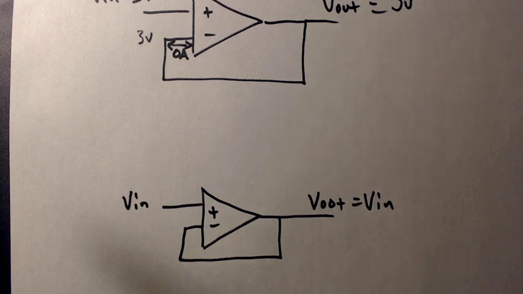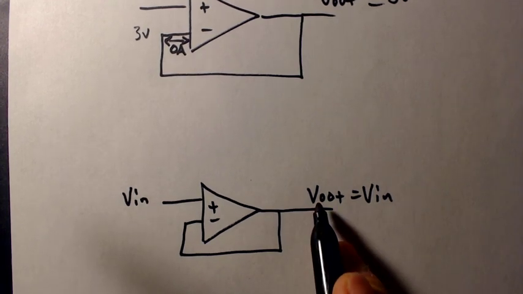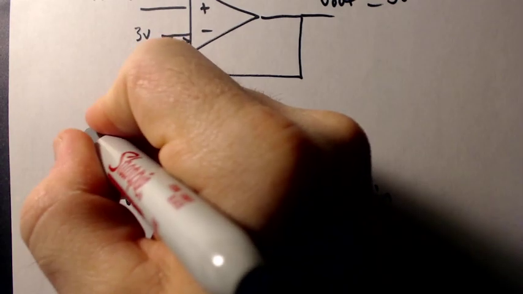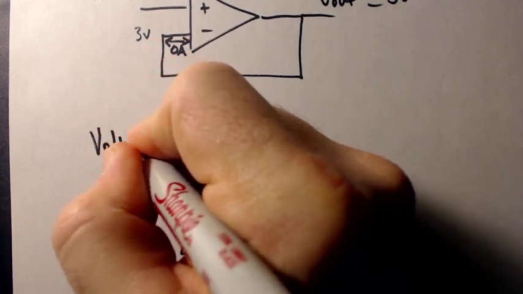Let's give it a name. Since the output is following the voltage on the input, let's go ahead and call it the voltage follower.